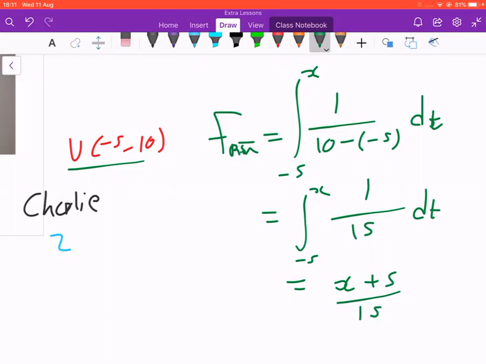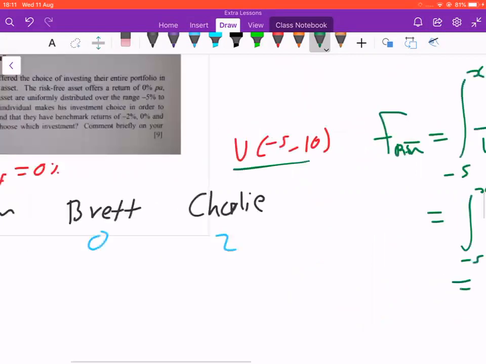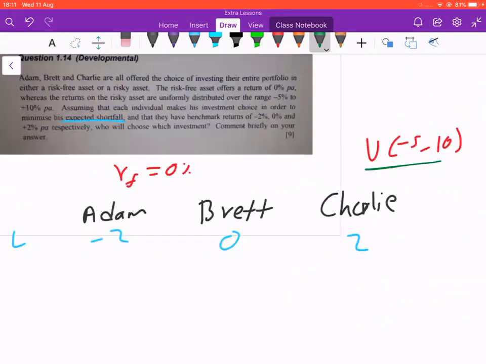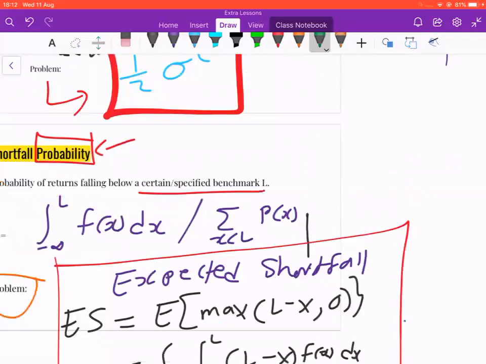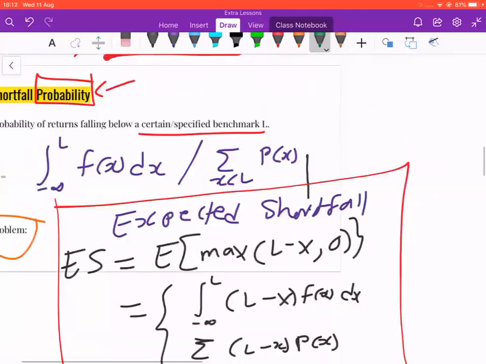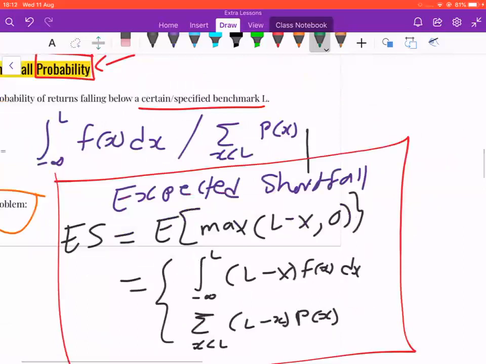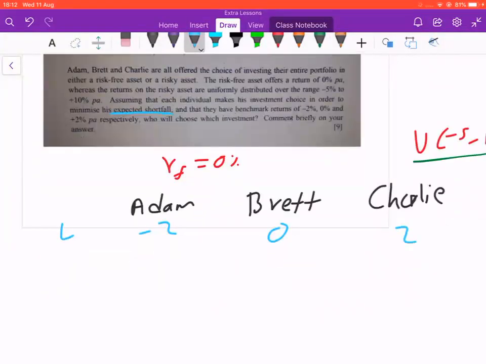So you are trying to find the shortfall. Here, what they said is the expected shortfall. When you want to find the expected shortfall, you will say our benchmark is -2 for one angle. We are going to do the shortfall for one, for 3.